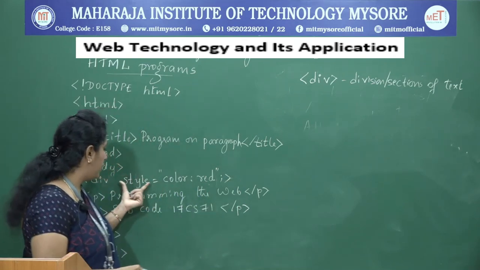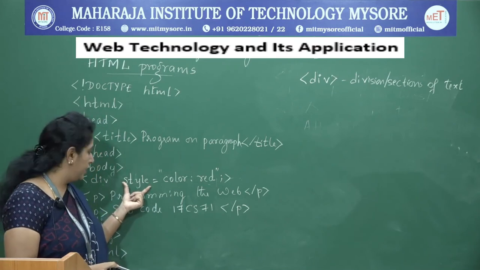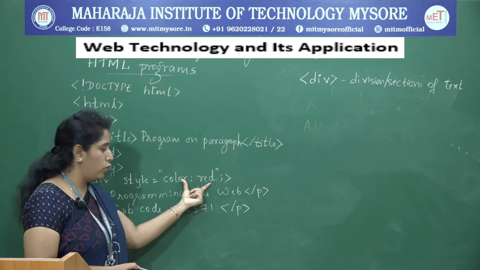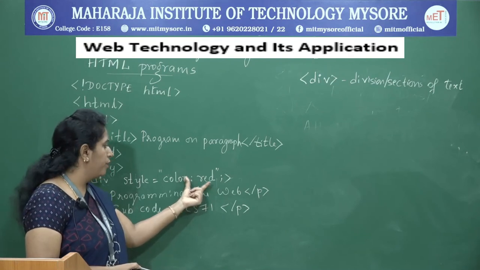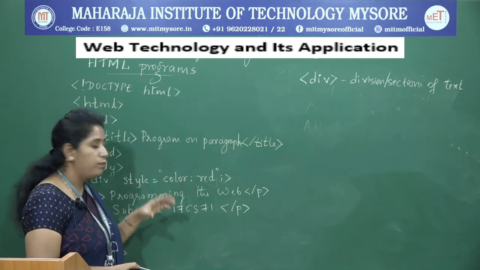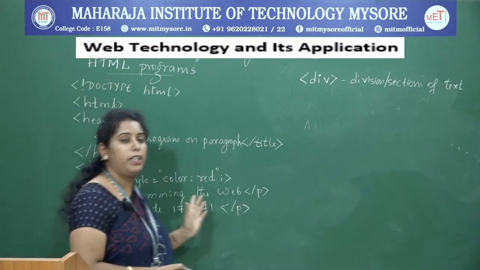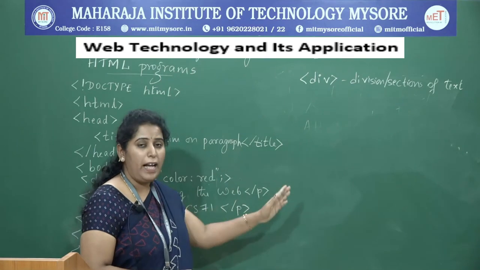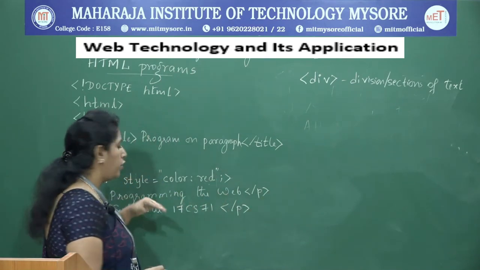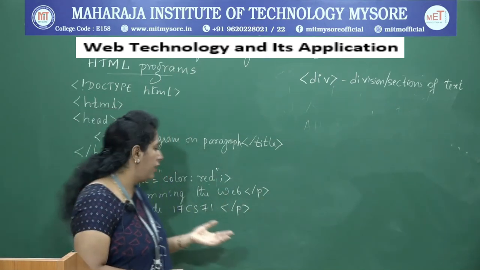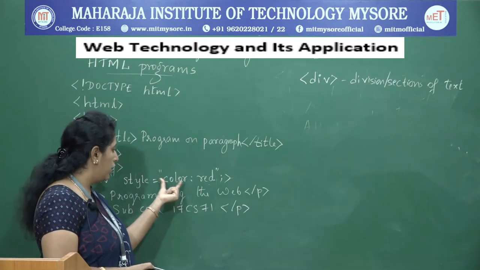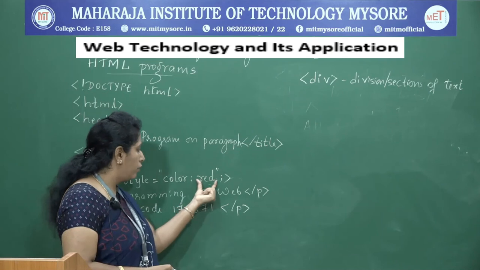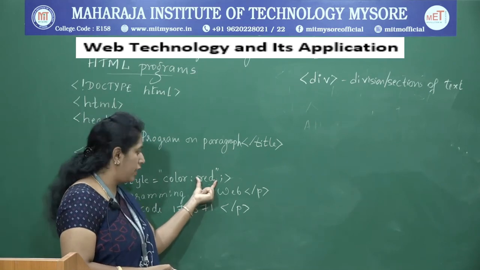So here, since the attribute name is style, the value always should be within double quotes, I have told you. When you run any program, the text will be printed in black color. Right? You want to change the color. By that time you can use color and the value which you are assigning is red.